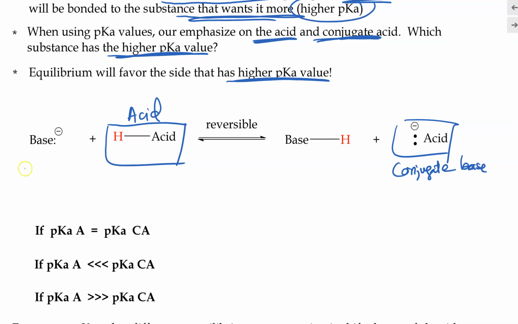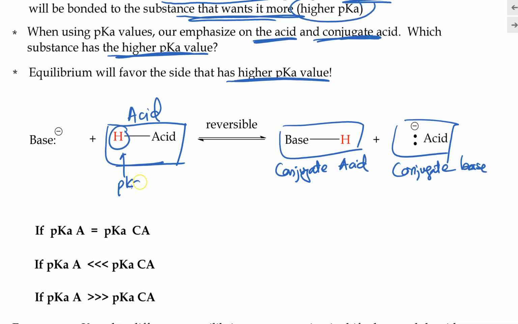And once the base has picked up the proton, what it becomes is the conjugate acid. And now by comparing the pKa of this acid and this conjugate acid, we can determine the direction of equilibrium in this reaction.